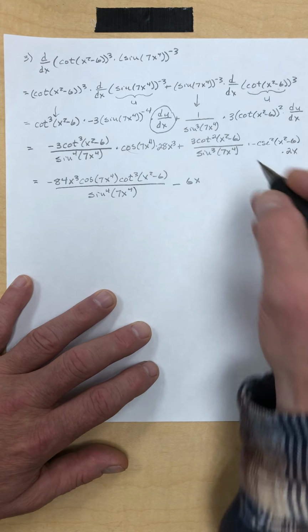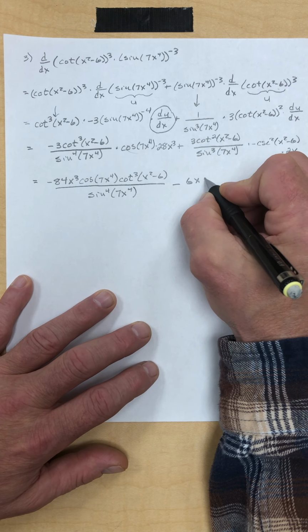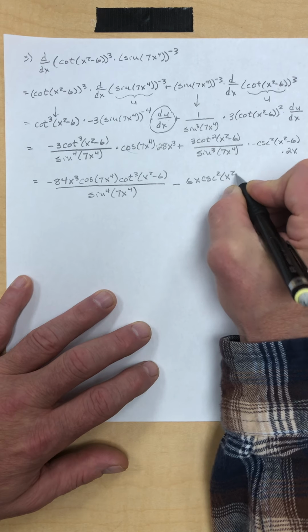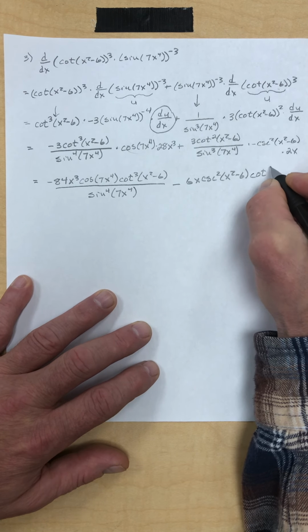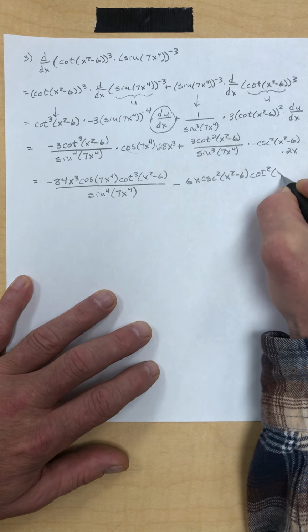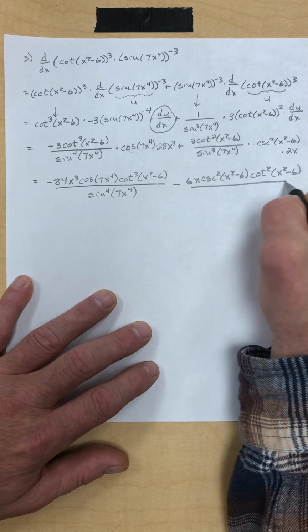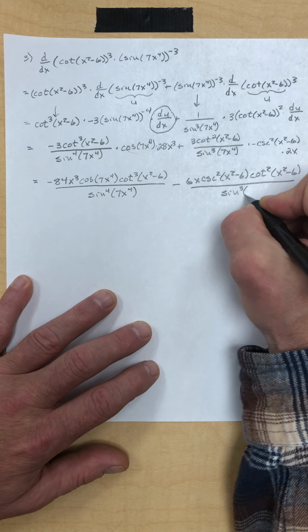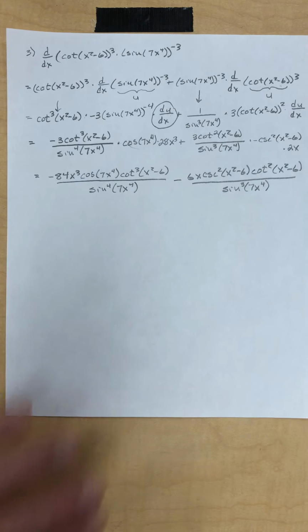It doesn't really matter which order you put it in, so I'll put this guy first just for the heck of it. Cosecant squared of x squared minus 6 times cotangent squared of x squared minus 6, and that's all over sine cubed of 7x to the fourth, like that.